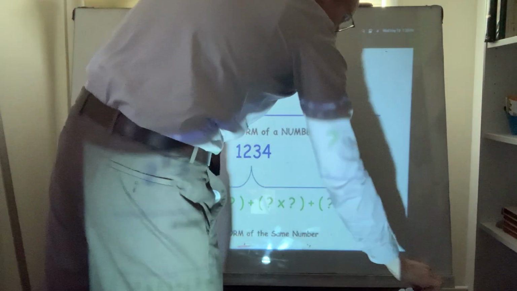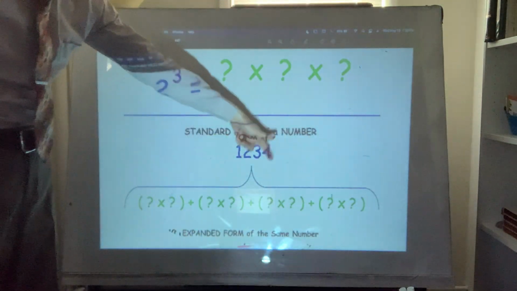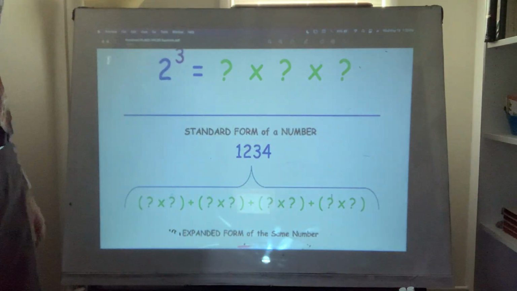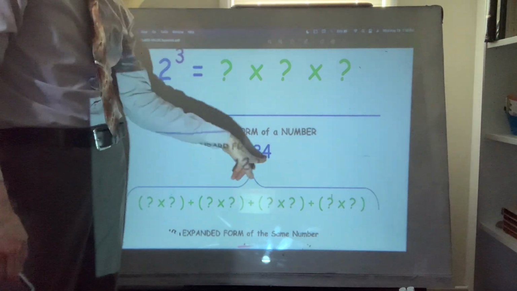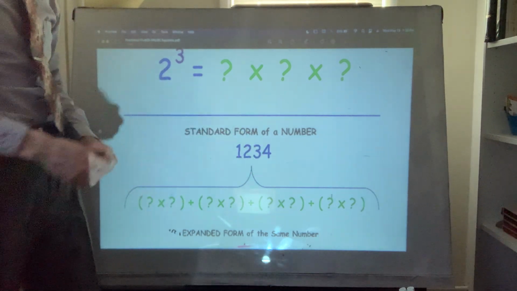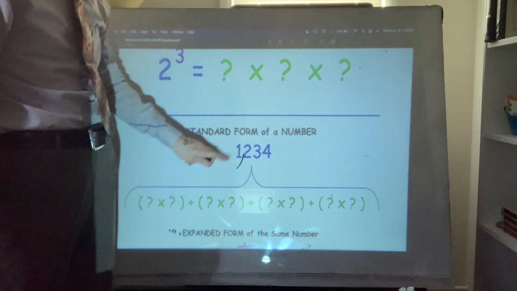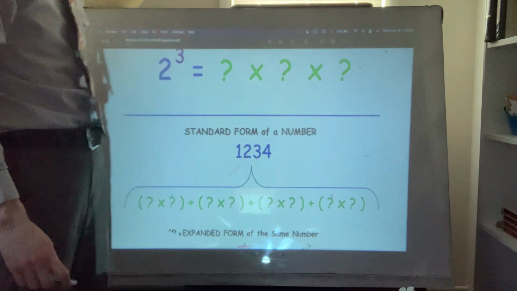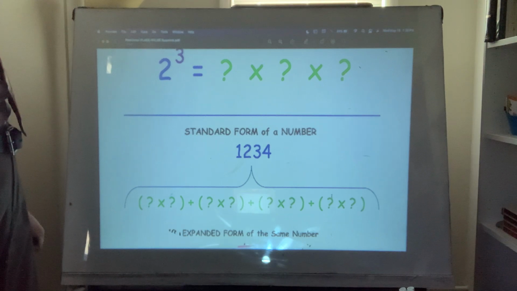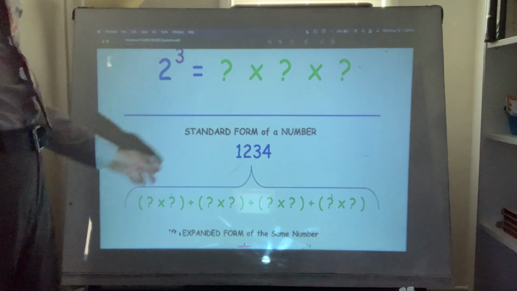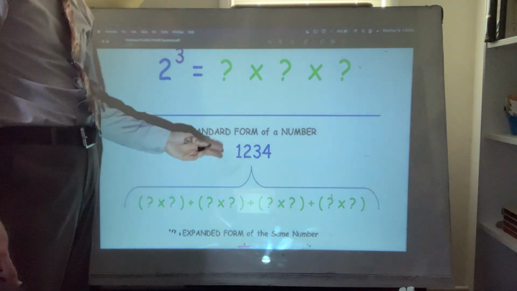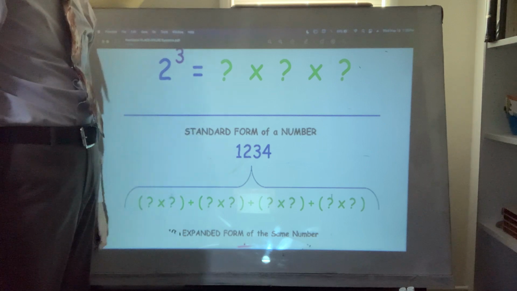The standard form of a number is more or less the ordinary way that you see it written, as a sequence of digits grouped together. Really should put a comma here, but you're less likely to see that, at least in our textbook. Some books don't say standard form, but I favor that way because I think it helps distinguish.